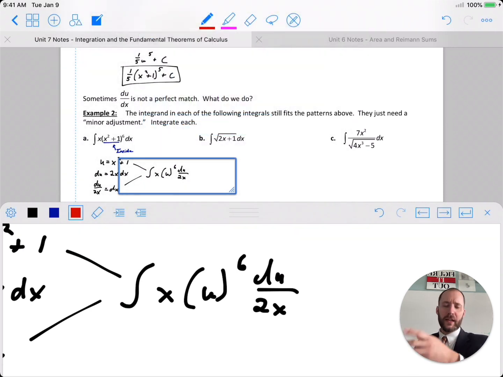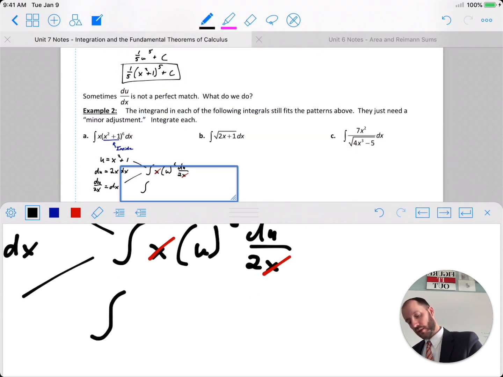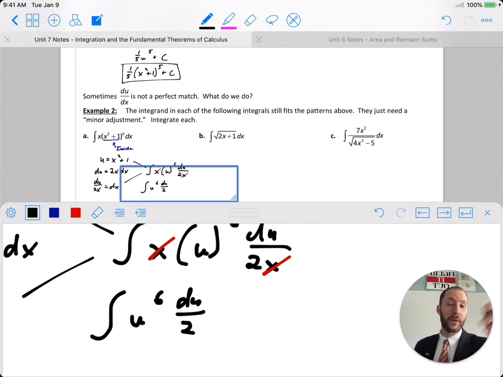Now, like the last problem, something magical still, but not as magical, happens. The x and the x in the bottom cancel out. You're left with u to the 6th du over 2. And based upon properties of integrals and constant values, you can pull out the denominator 2 as a 1/2.